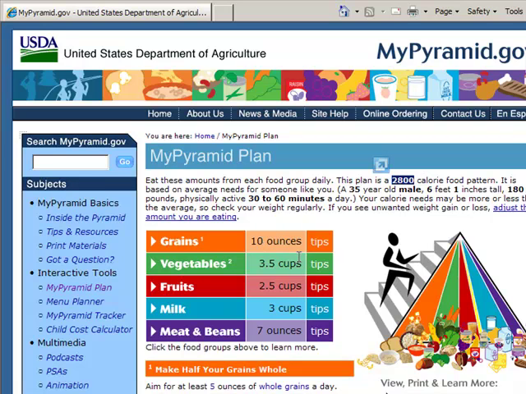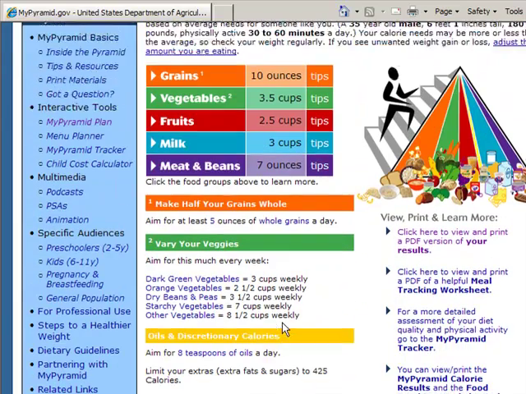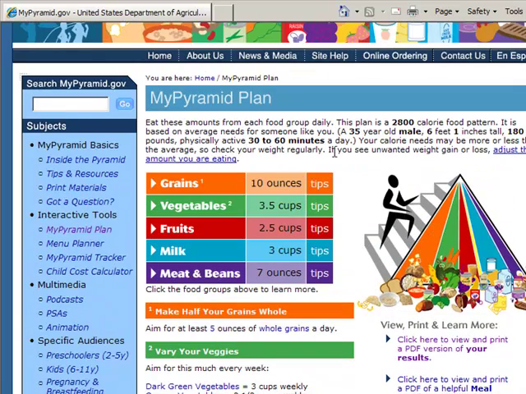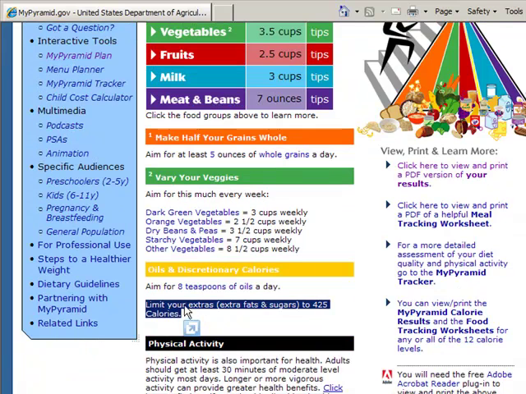The amount of grains, vegetables, fruit, milk, meat and beans that you're allowed to eat. And also I think it has limit your extras, fats and sugars, to how many calories. So I'd like to know those facts, okay? The number of calories, the amount of each of these major groups, and the limit your extras too, okay?